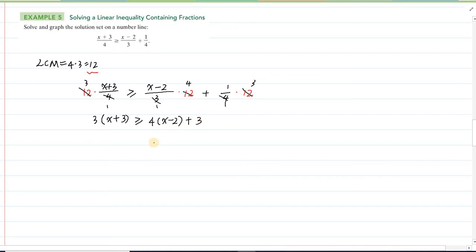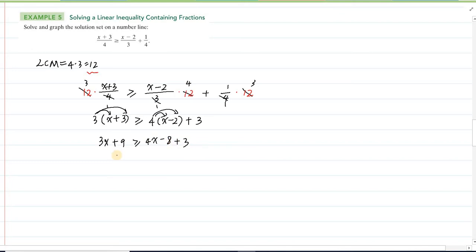Right, plus 3. Once we have this, remember, if your least common multiple is correct, you shouldn't have a fraction after you multiply it. We need to do a distribution. We're going to have 3x plus 9 greater than or equal to 4x minus 8 plus 3.